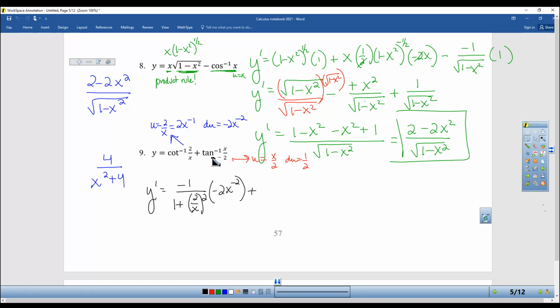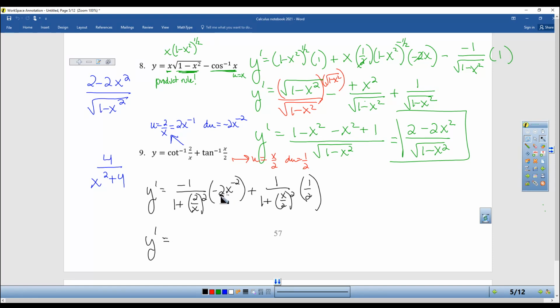And now the derivative of inverse tangent is +1 over 1 plus u squared times the derivative of u. So there's the calculus. The rest of it is algebra, and it's not easy algebra.